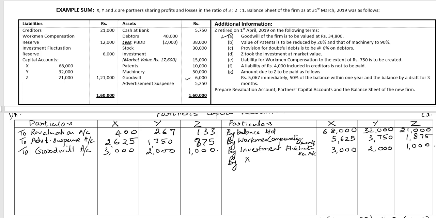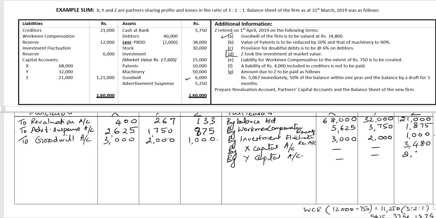By X capital account under Z 3,480 rupees, and by Y capital account 2,320, and on the debit side to Z's capital account under X we have 3,480, and under Y we have 2,320 rupees.